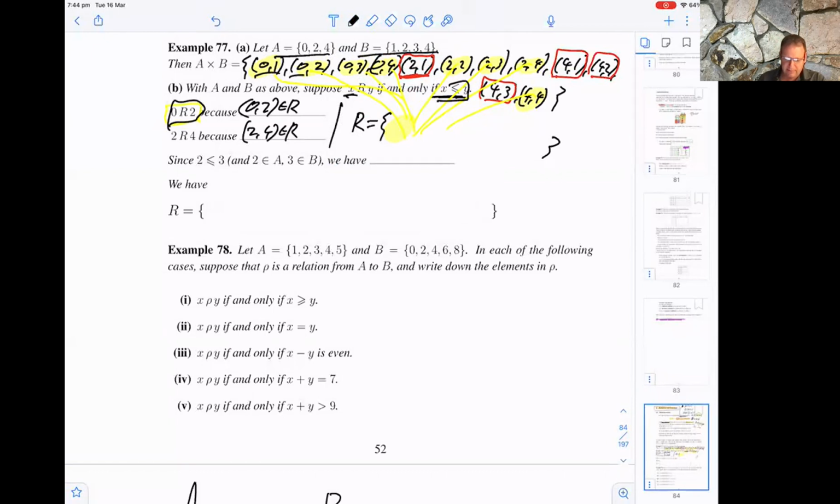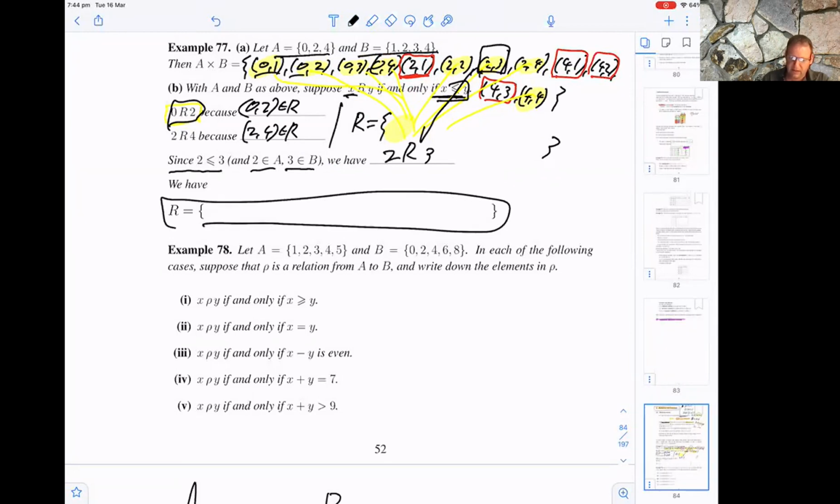Let's see what they want us to complete here. Since 2 is less than 3 and 2 is in A, 3 is in B, we have 2R3. Good. 2R3 is this guy, and here is the set of the relation, all of the yellows.